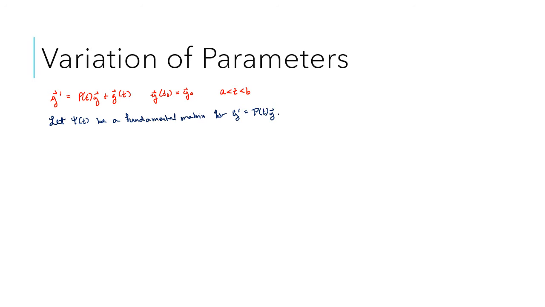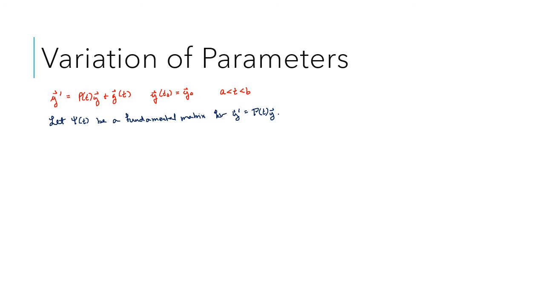Once I've got that fundamental matrix, what I'm going to do is think about what I would need for my complementary solution. Remember, the complementary solution to our non-homogeneous system is a solution to the homogeneous version of the system.